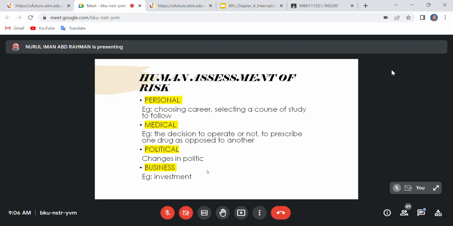So for a businessman or a businesswoman, you have this human assessment of risk, whether you want to, let's say, open up a business. So I can choose whether I want to open up my new company, or maybe I just invest in an existing company of others, but I have part of the share, for example buying 50% of the shares. So this one is for business.